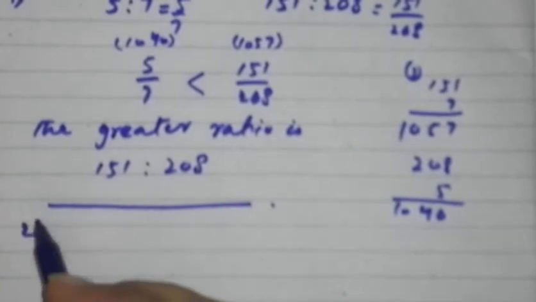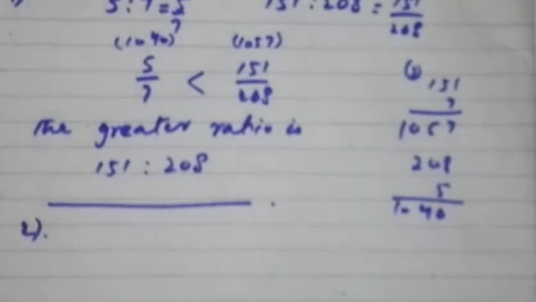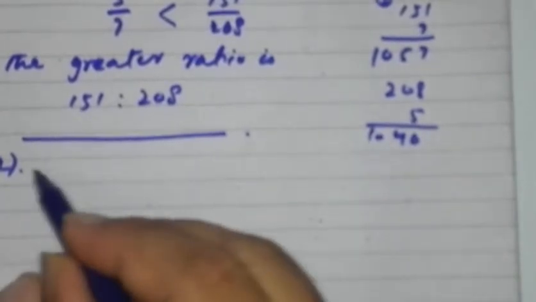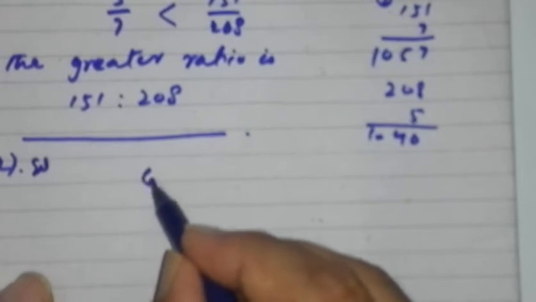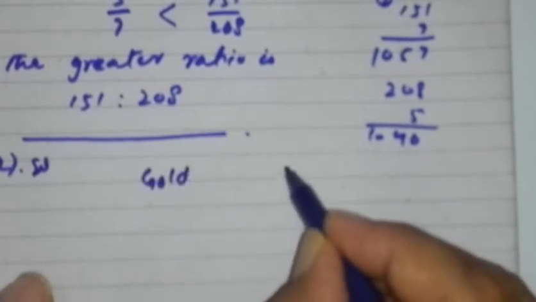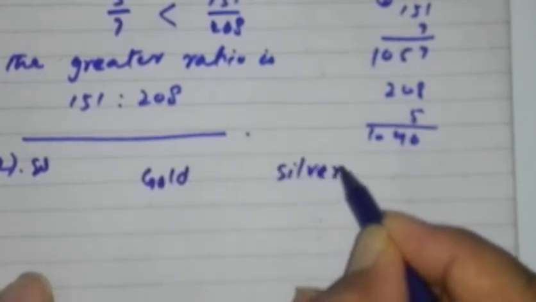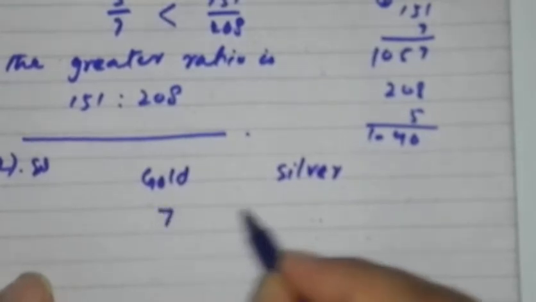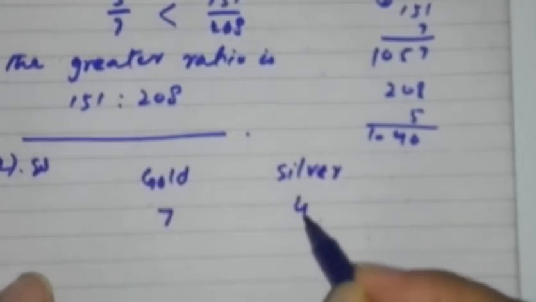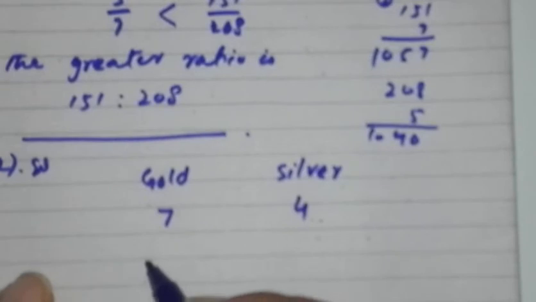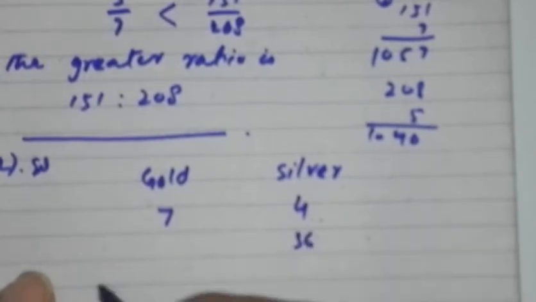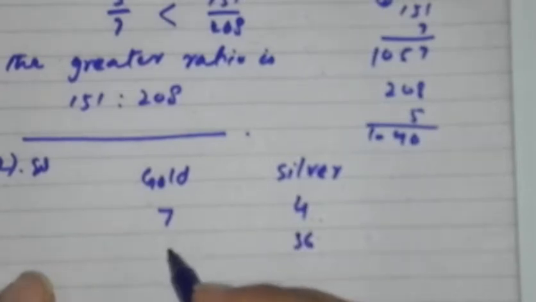Question number 2. Gold and silver are mixed in the ratio 7 to 4. Solution: gold to silver is 7 to 4. If 36 gram of silver is used, how much gold?